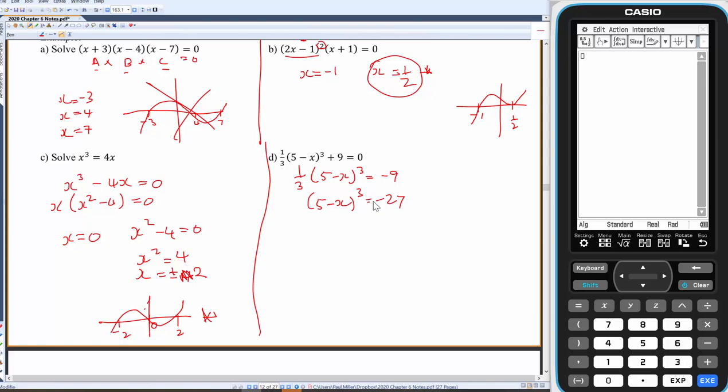What I'm going to do is third root both sides to get rid of this power 3. Now remember, we can third root a negative number. So that's 5 take x equals, and the third root of -27 is in fact -3. So when -3 is power 3, it equals -27. All right, this is going to be -x equals -8. x is equal to 8.